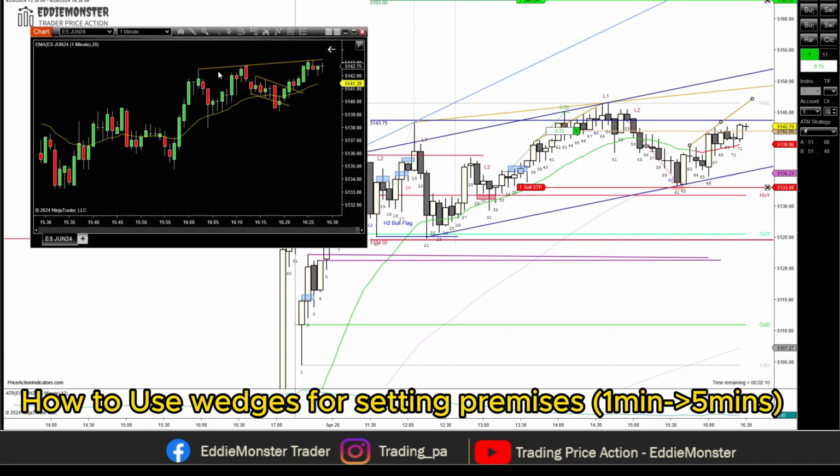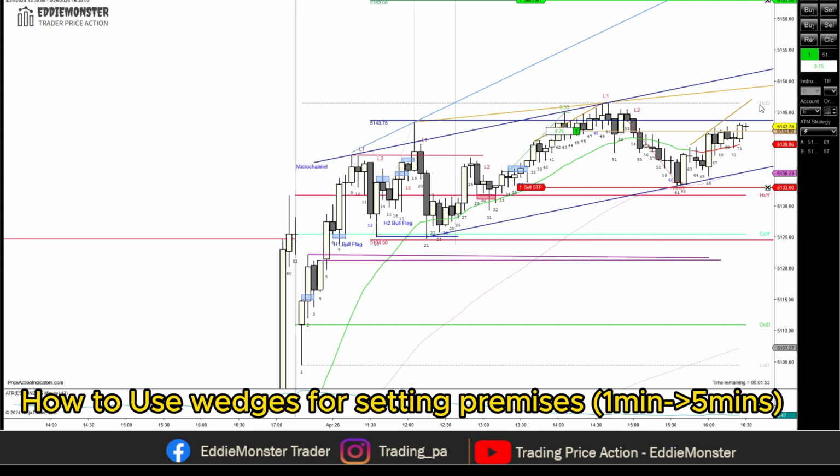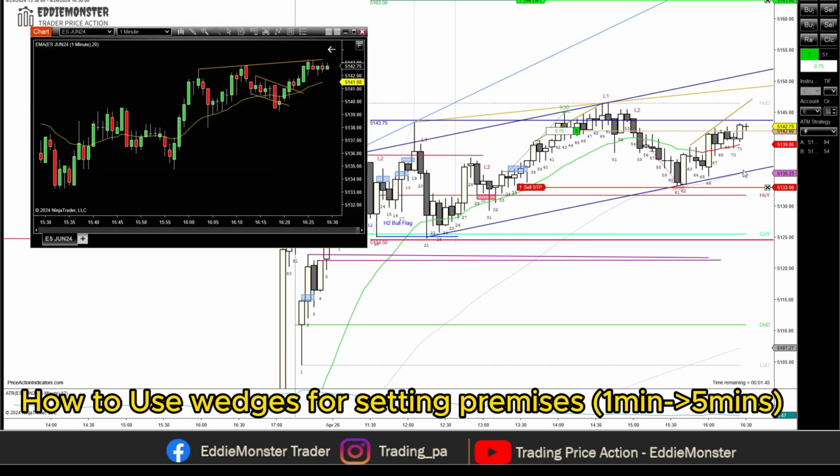Look at this. One, two, three. It's a micro wedge, but this micro wedge here, one, two, three. Right? So what's happening is if we have a breakout of that line now above 71, the price will accelerate at least to test and make a new high. That's what could happen. So let's see what's happening here.